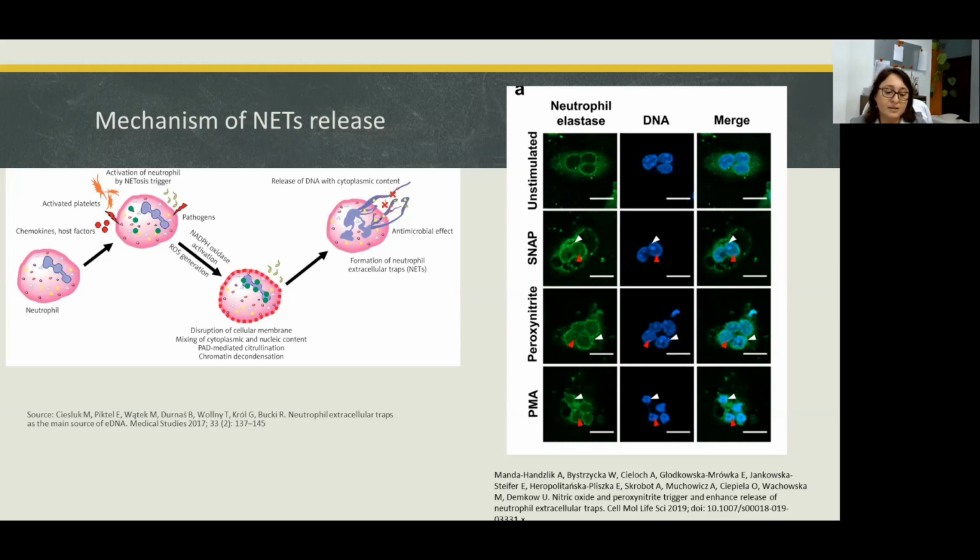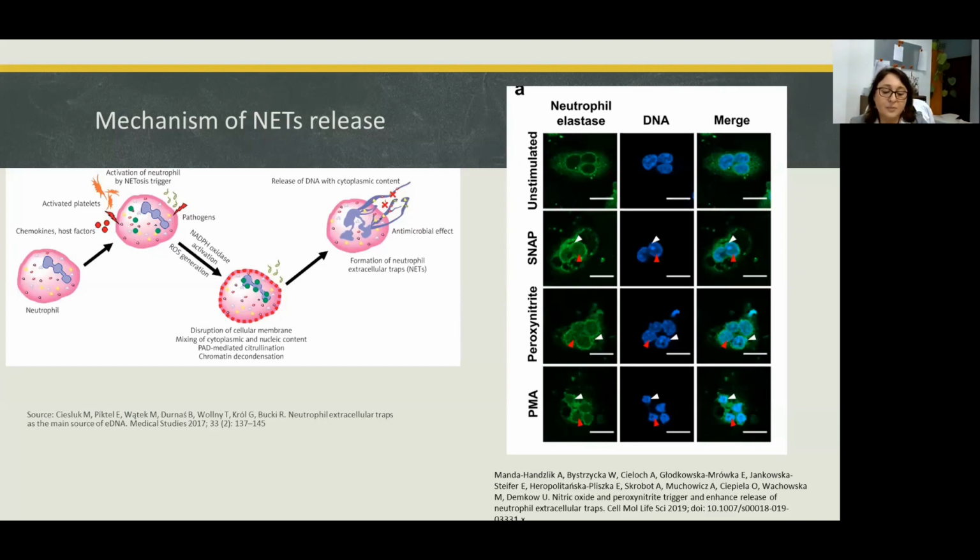These triggers cause neutrophils to activate kinases that induce assembly of an enzyme complex called NADPH oxidase, NOX. NOX then produces large amounts of superoxide, a highly reactive oxygen species that carries an extra electron, during a process called the neutrophil oxidative burst.